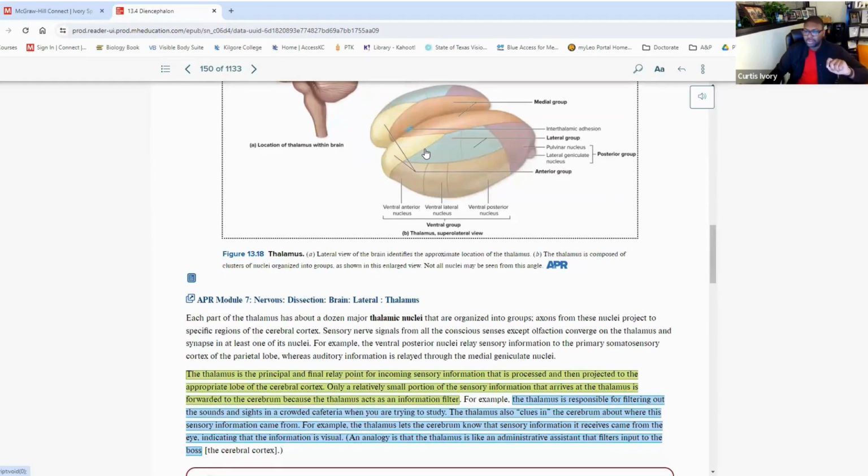The thalamus is also responsible for filtering out sounds and sights in a crowded cafeteria room. If you're playing music for a long period of time, you'll actually tune it out. This is really because of your thalamus. It's also because your mind recognizes that it's not a threat, so it just tunes it out.